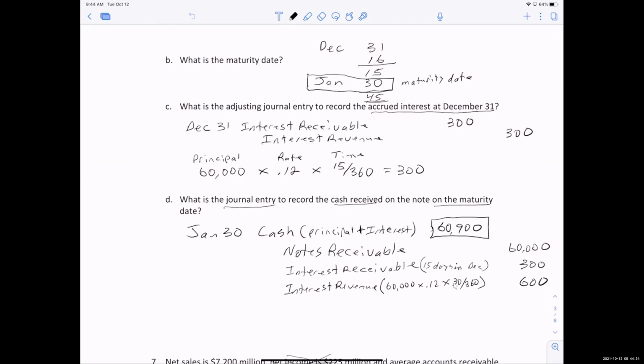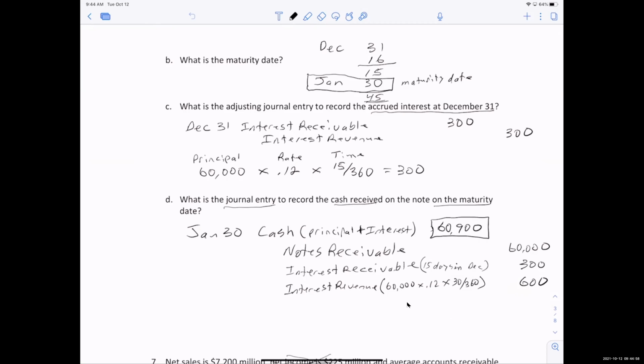So it's 30 days, and remember it's banker's year, so it's going to be 30 out of the 360 days. So how do we calculate that? 60,000 times 0.12 times 30 divided by 360 equals, and that would be 600.